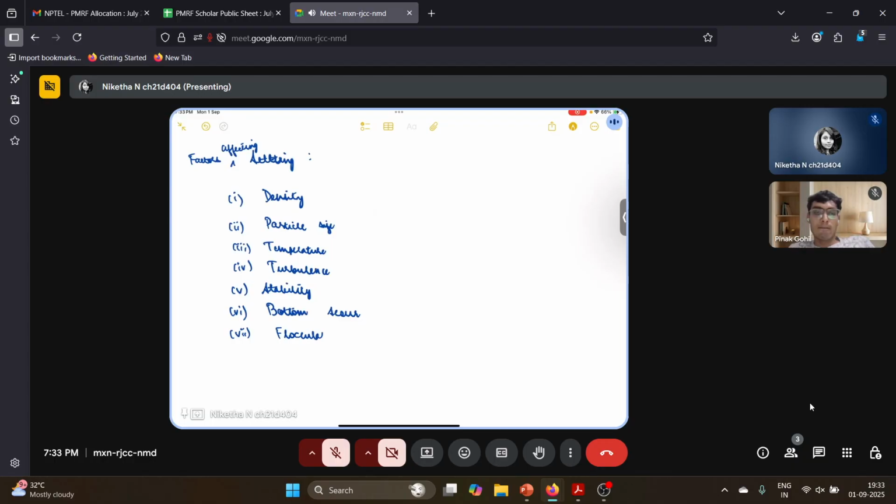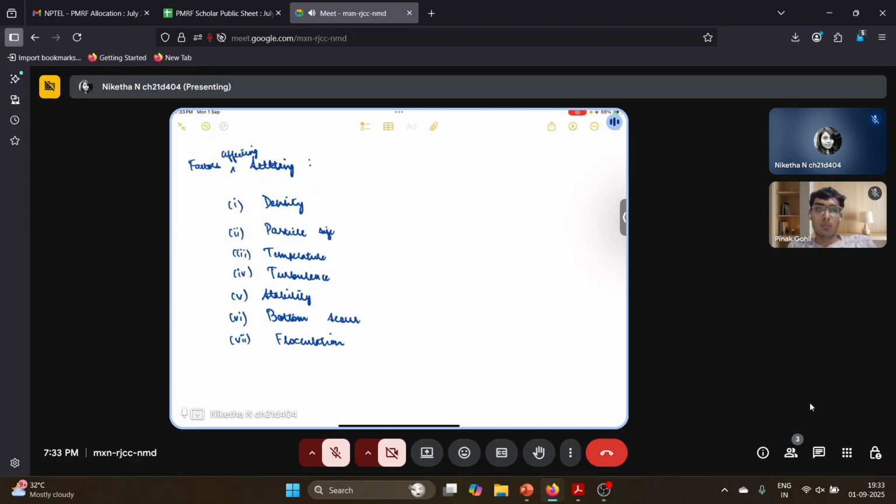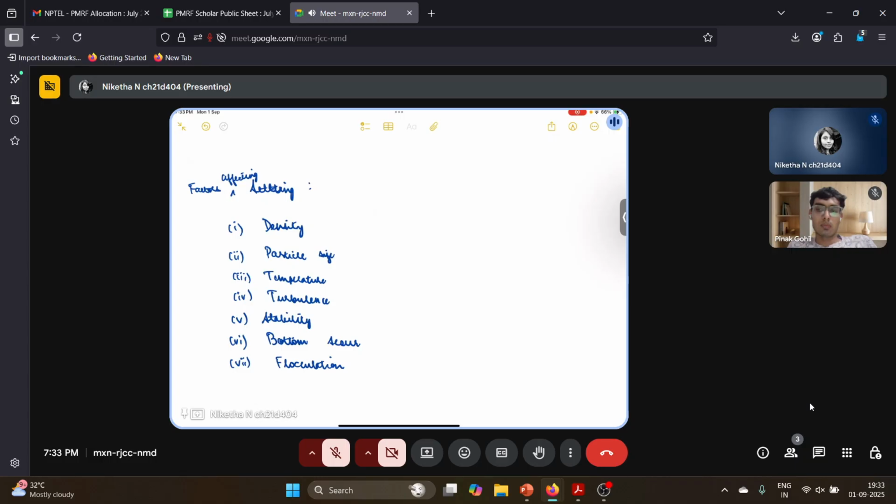And flocculation. The density of the particle, the size, and the temperature of the water, because temperature directly affects the density of the liquid. If it's a low density liquid, then your solids will settle down easily. But if the density is higher, then it will be difficult for the particles to settle down. That is why temperature plays a role here.